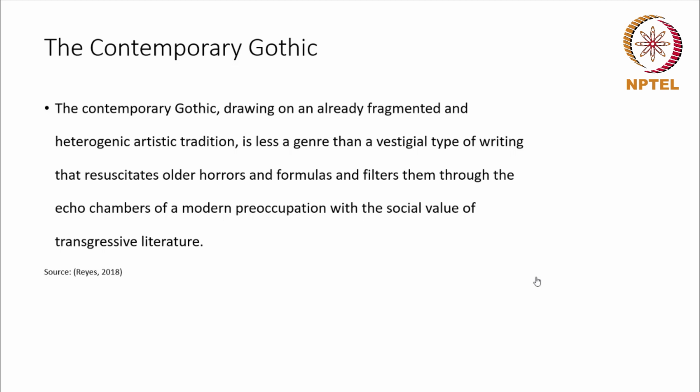It tries to rework old formulas and old horrors, filtering them through the modern preoccupation. It tries to apply those older fears to current anxieties, and the contemporary Gothic has somehow become associated with transgressive literature. So all the taboos, which are not usually discussed in mainstream literature, are channeled through this contemporary Gothic mode.